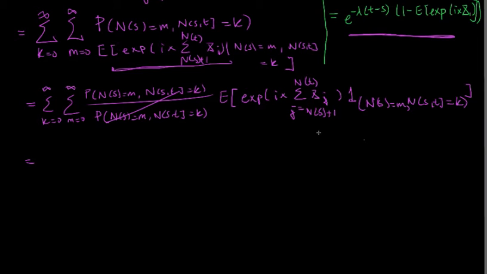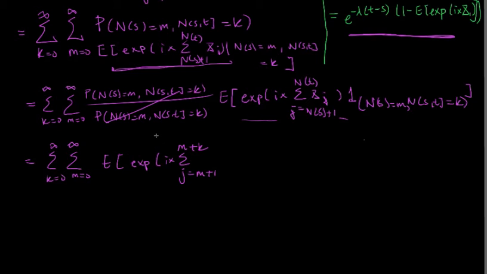Well, again, I can use the fact that since I'm looking at the restriction of the exponential of the X's on the set where N(s) is equal to m and the increment from s to t is equal to k, then essentially the N(s) and N(t) in the sum boundaries cannot be anything other than, respectively, m plus 1 on the bottom, and on the top m, which is the value that N(s) attains, plus k, which is the increment from time s to t.